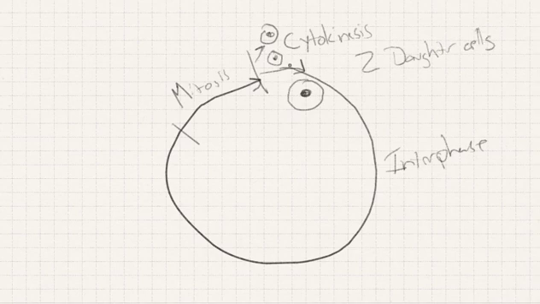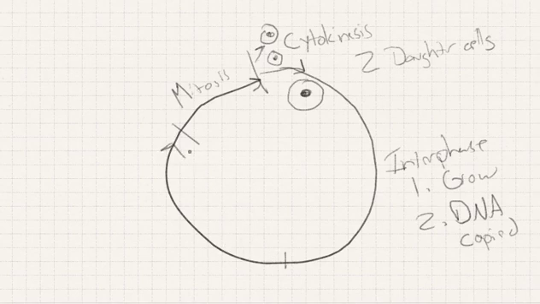And then it starts over. With each new daughter cell, they go into interphase. Remember, they grow for a good chunk. Let's just say they grow until about this part. And then the second part is, once again, that one set of DNA gets replicated or copied. And that takes place till about right here. And then once again, they go into mitosis.